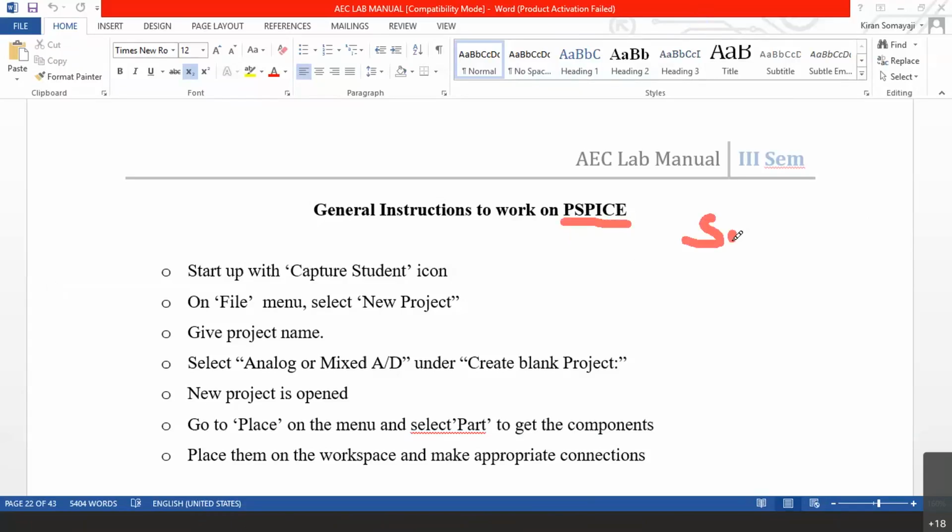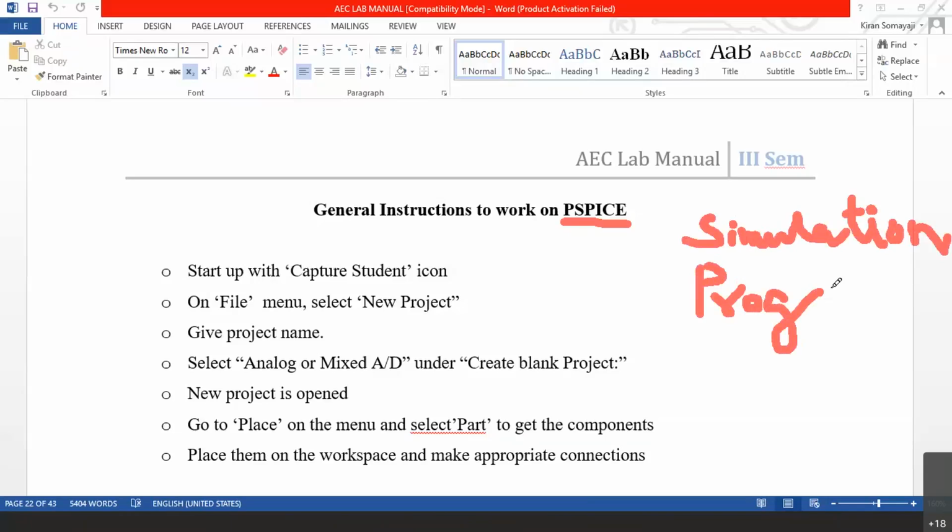SPICE is simulation program with integrated circuit emphasis.